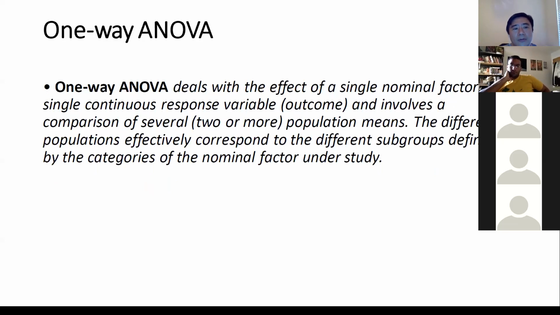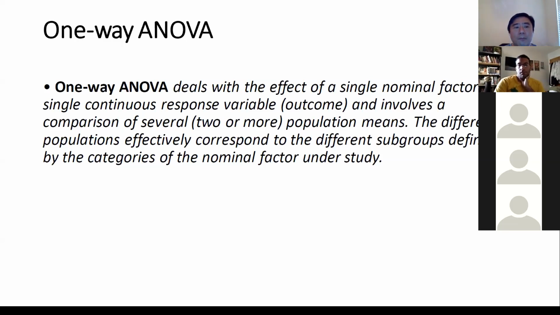The other goal is what we talk about as the multiple comparison. Multiple comparison has to be done only after you do the ANOVA. If you reject the null hypothesis in ANOVA, you know that at least one pair of the levels has a different mean, so it makes sense to do the multiple comparisons.